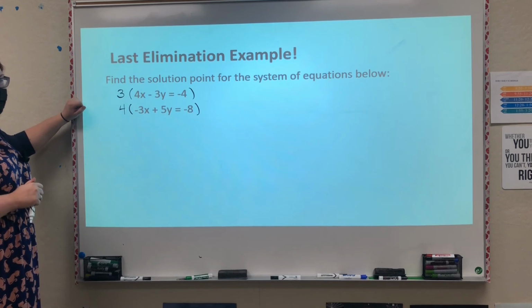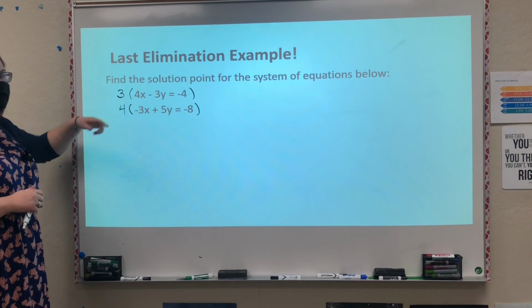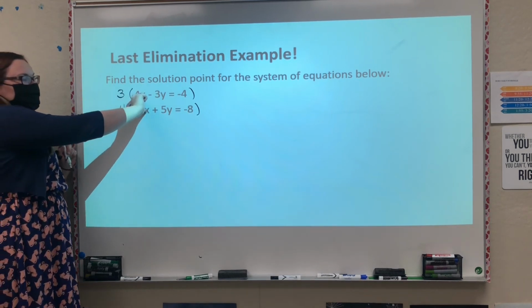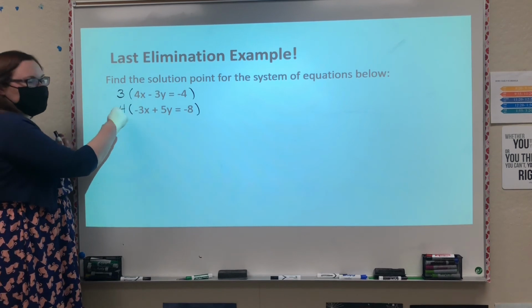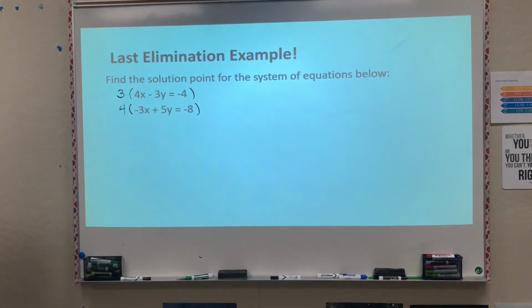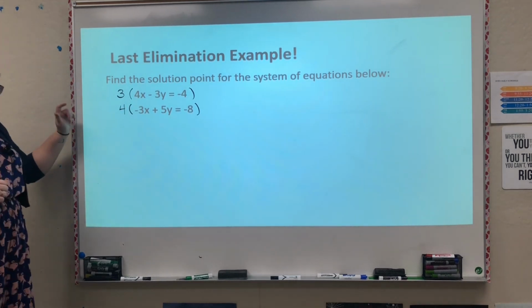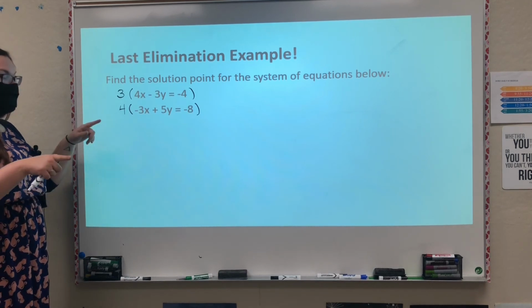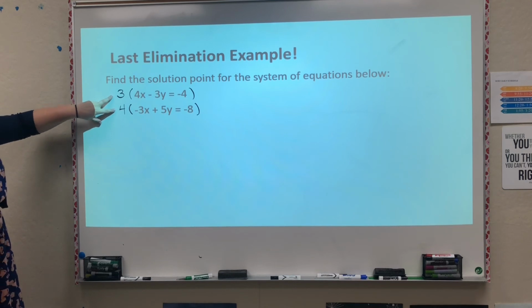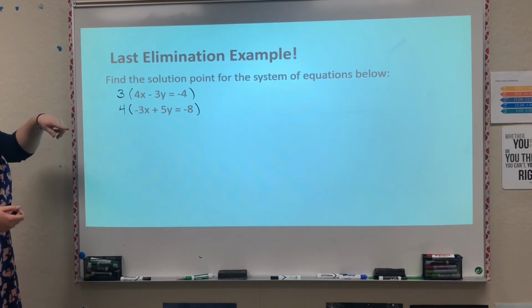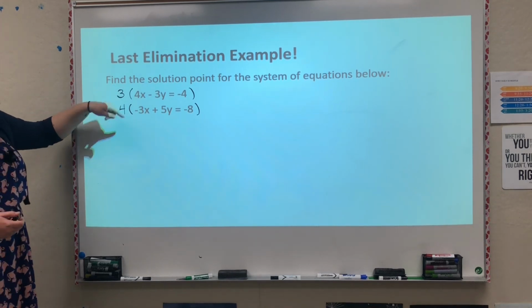Because you can do 4 times 3 to get to 12, which is also 3 times 4. Yeah, so really what we're doing is we're just switching around those numbers because you're using the fact that 3 times 4 and 4 times 3 give you the same thing. Now, sometimes we also have to worry about the signs. So you had noticed earlier the numbers are different. So we had to multiply by numbers to give us the same number, 12 for both of them. Are our signs different right now?